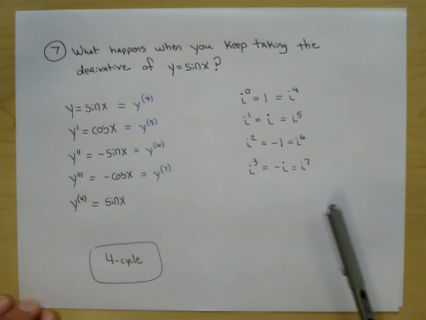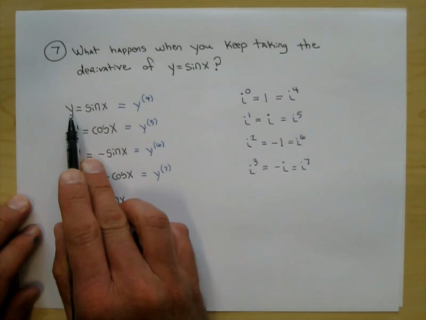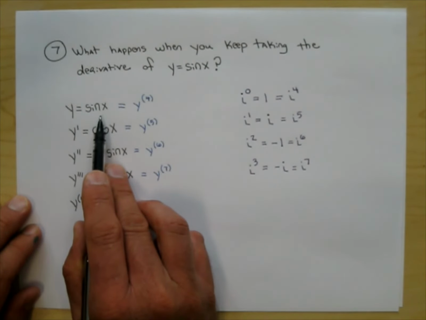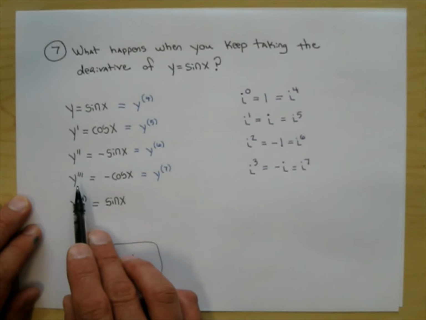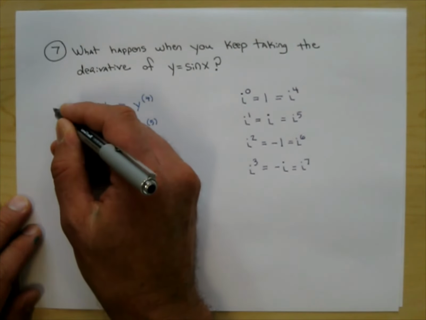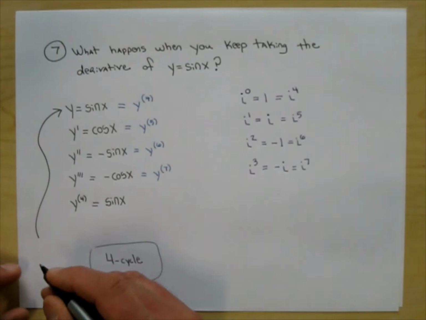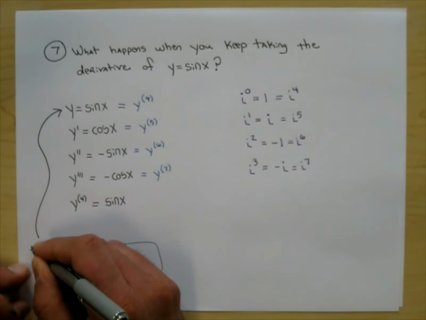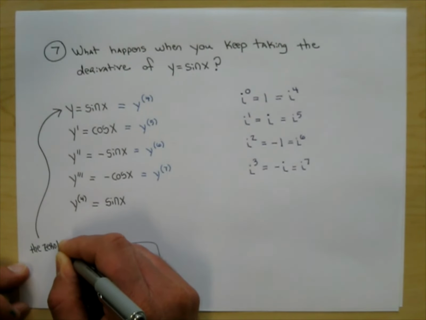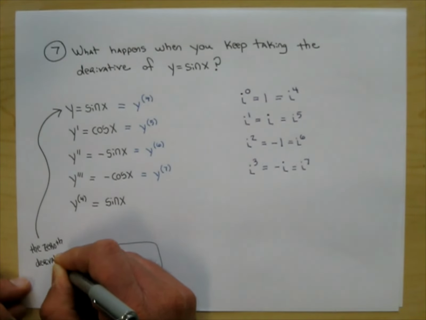I want to also point out that this guy right here, y equals sine x, we wouldn't call that the derivative. Here's the first derivative, the second derivative, the third derivative and the fourth derivative. We won't do this much in this class, but sometimes the original function is called the 0th derivative.